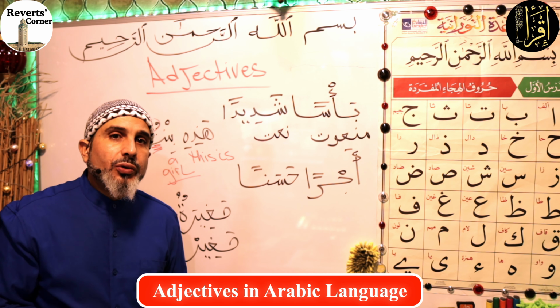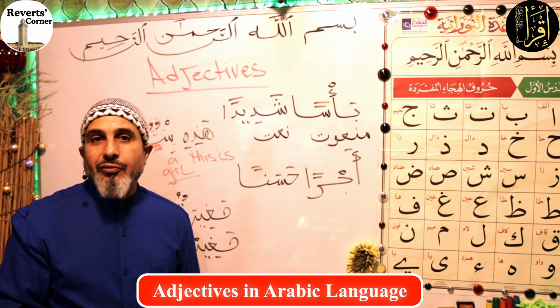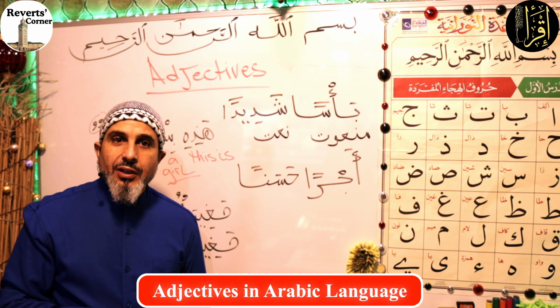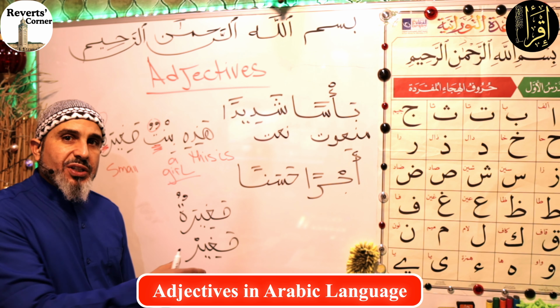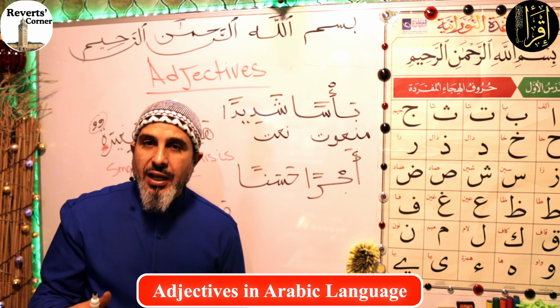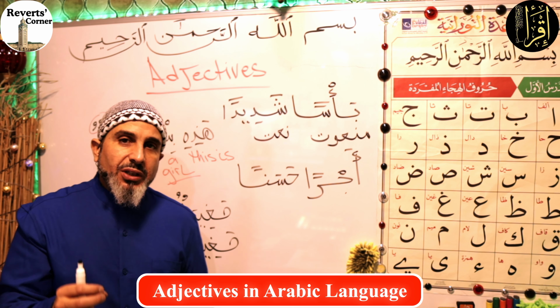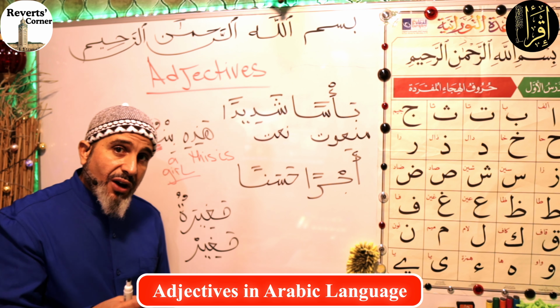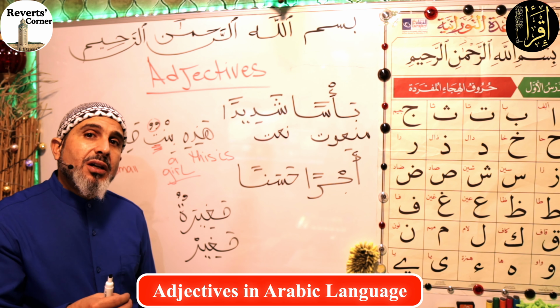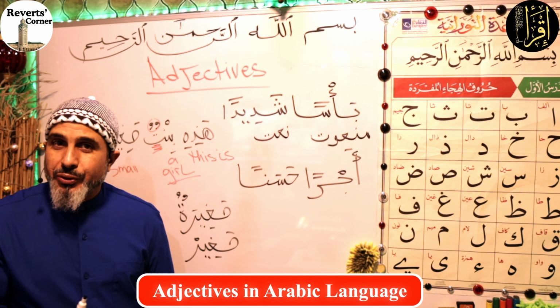This is a general rule in the Arabic language. We'll have a lesson about the feminine and masculine forms shortly, inshallah. The reason I'm showing these examples is to remember again that the adjective and the noun must be in agreement. The sifat or the na't must always be in agreement with the mawsuf and the man'ut.